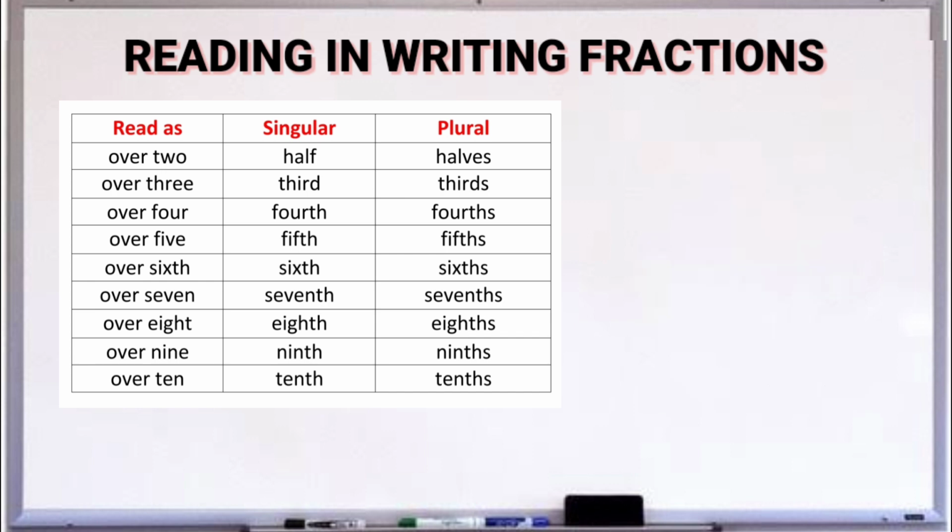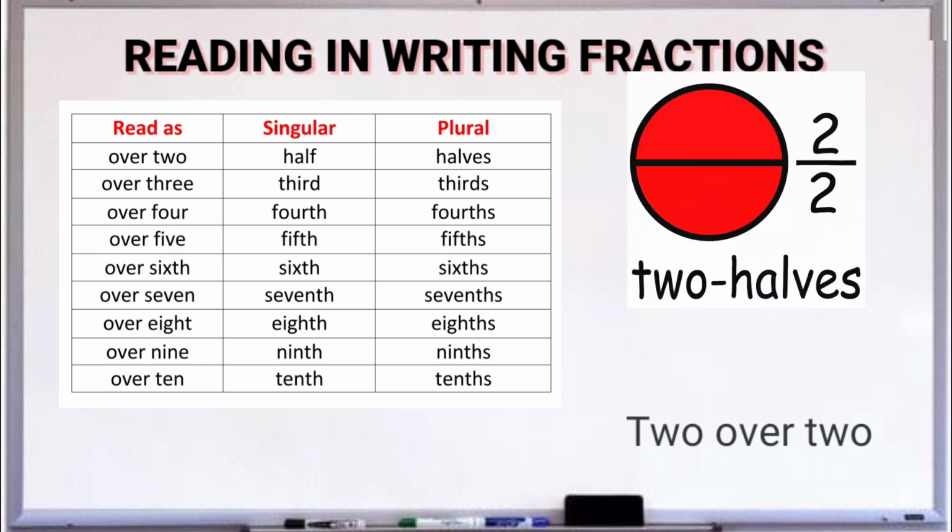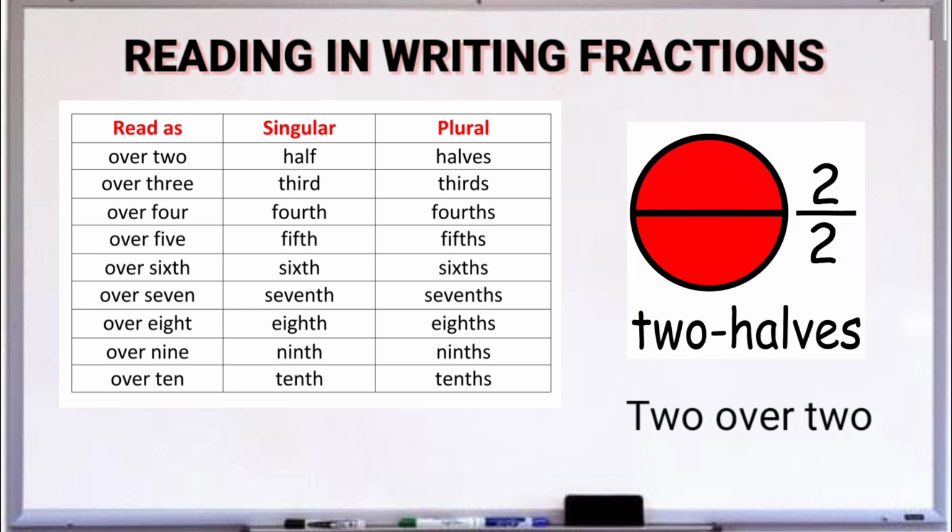If we get 2 or more parts of the whole, we will use the plural form of the word. Just like if we have this fraction which is read as 2 over 2, we can also read this as 2 halves instead.